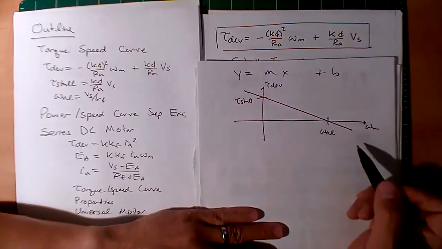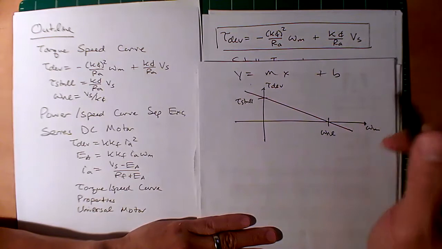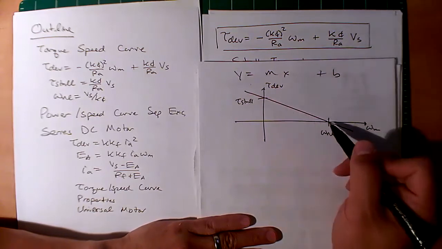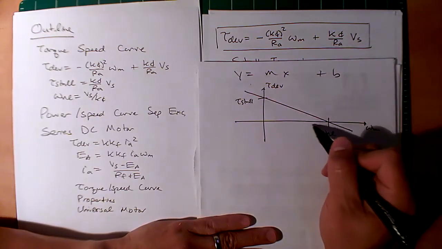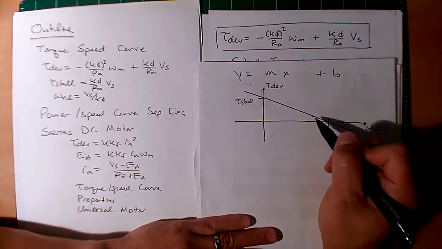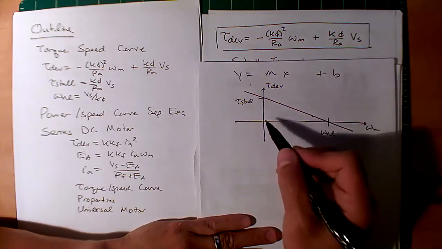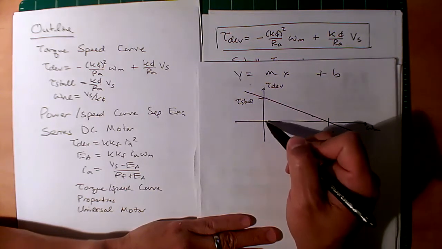I want you to think of this curve as your ability for the motor to create torque. At the higher speeds, your ability to create torque falls off because the back EMF, which is dependent on speed, goes up. At a low speed, there's no back EMF or very little, so you can pull out a current.